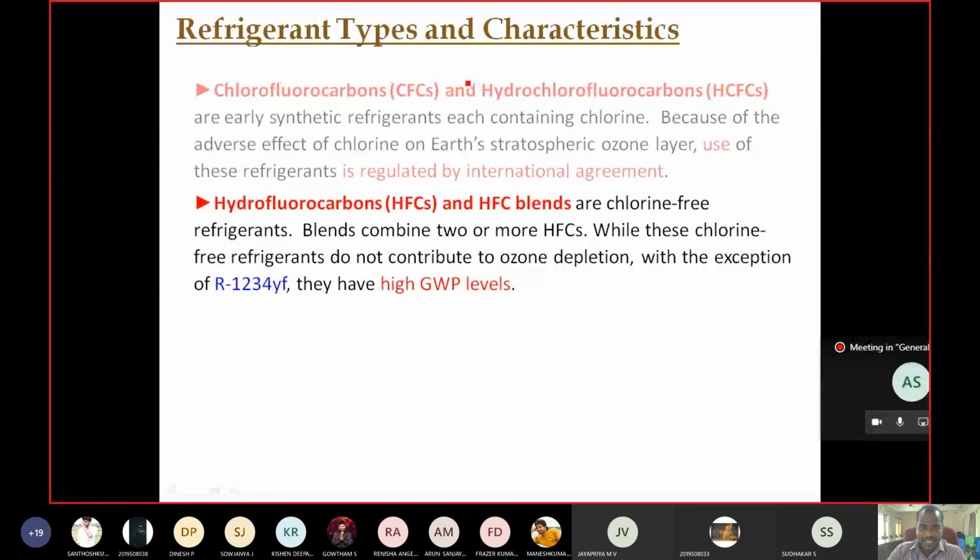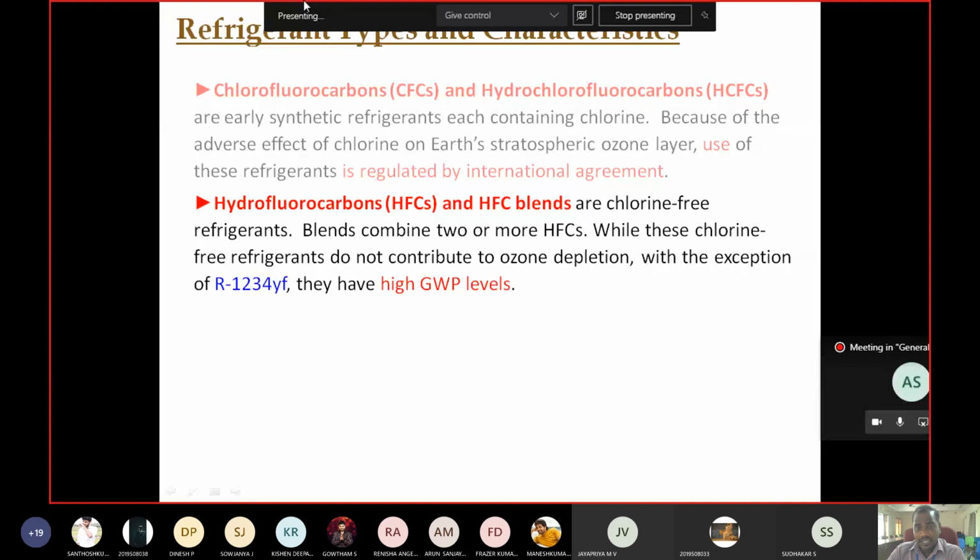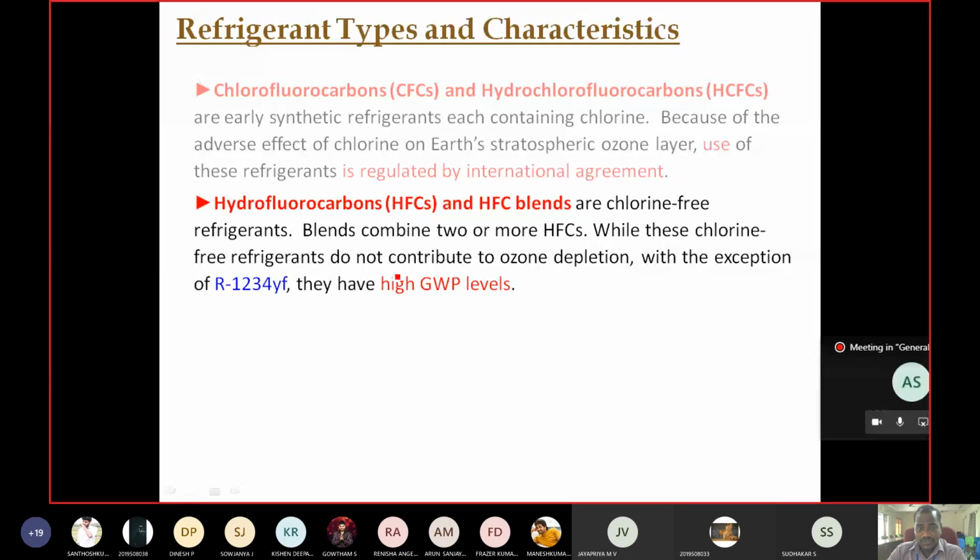So we can use these HFCs, but except R1234YF, the other HFCs have a high GWP level, so we have to consider this. You can compare here. R1234YF alone has a low GWP, except the others.